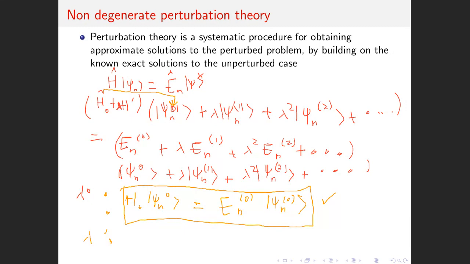Now you look at the terms that will be of order lambda, right? So this will be this H0. Once it hits there, you get H0 psi n 1. Now let's change color. You have this term which is lambda H prime. When it hits here, you get plus H prime psi n 0.